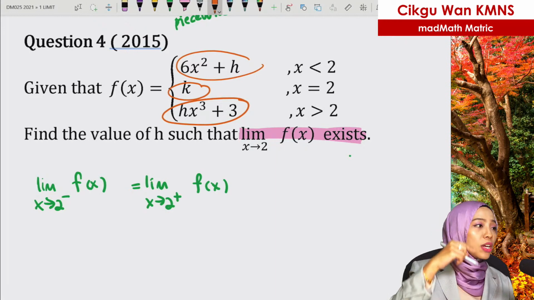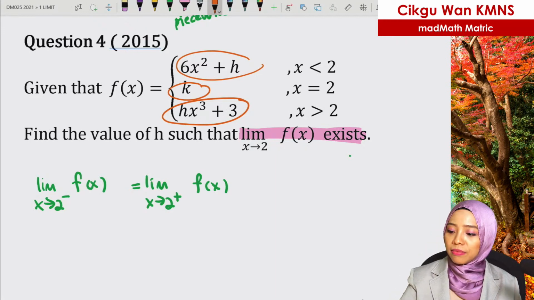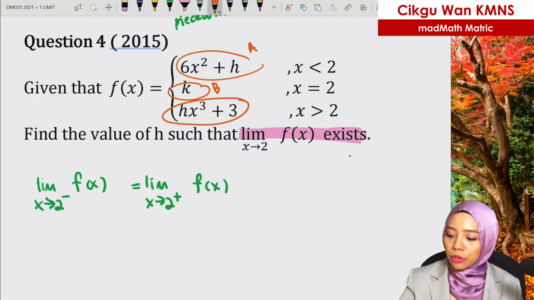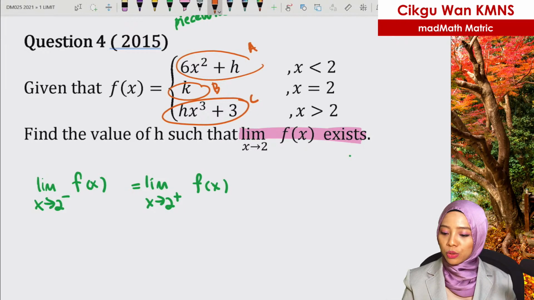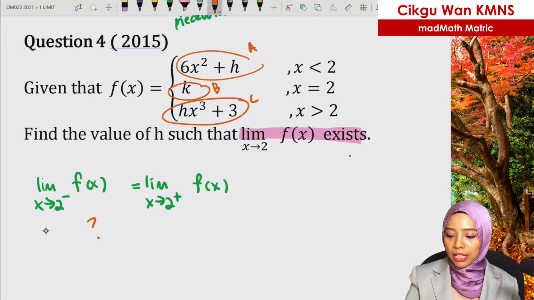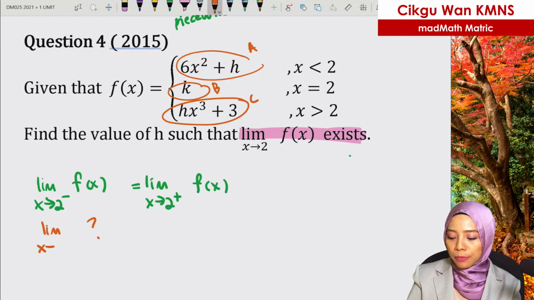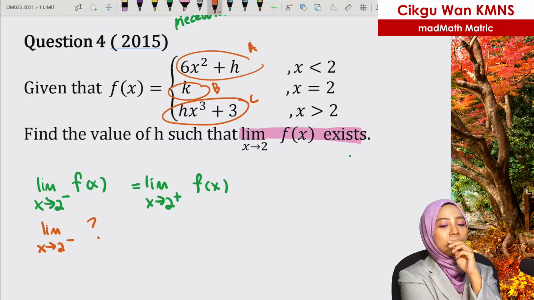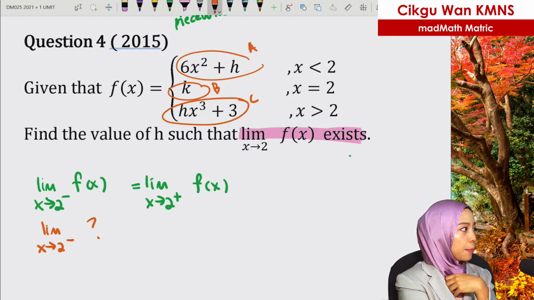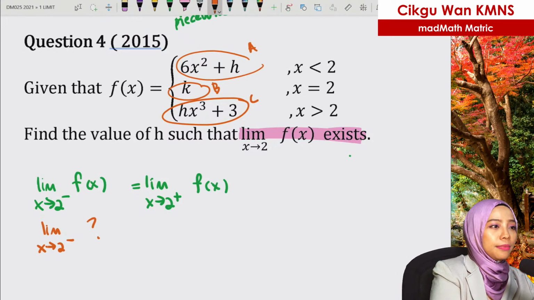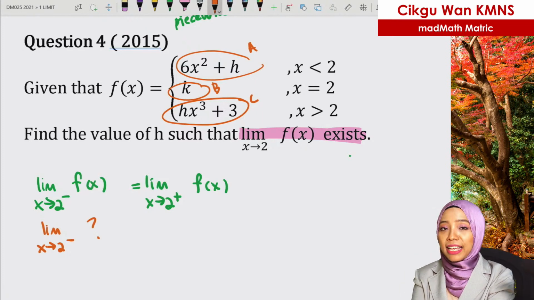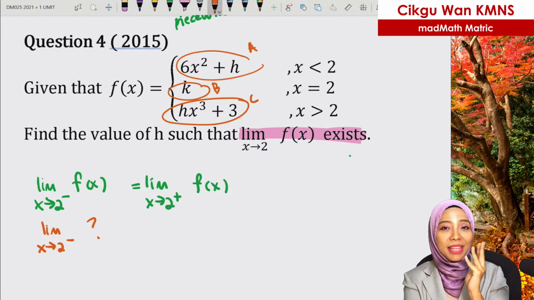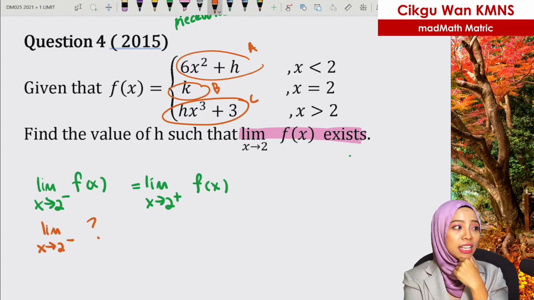Function mana teacher Wan nak ambil? 1, 2, 3. A, B or C? Untuk masukkan dalam ni. I wait for your response. We are taking limit x approaching 2 from the left. Which function am I substituting? A, B, or C?